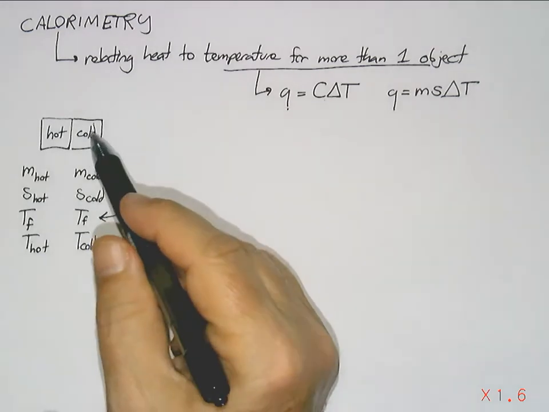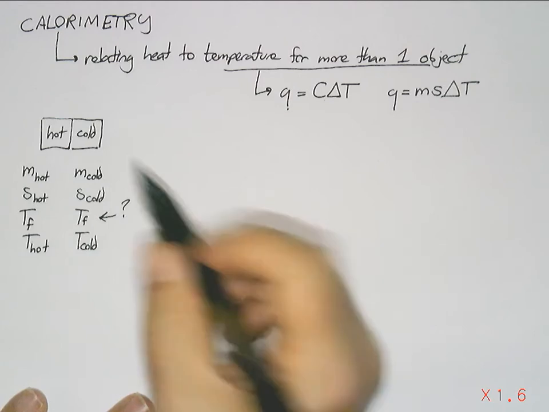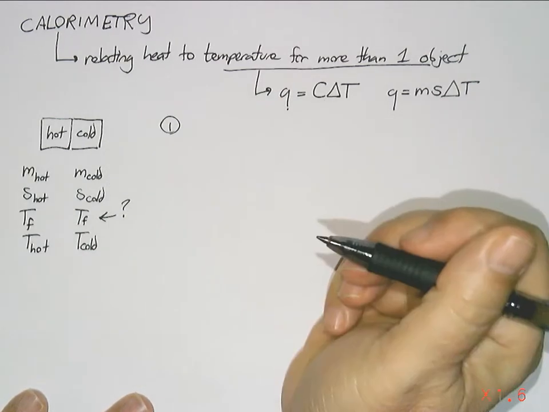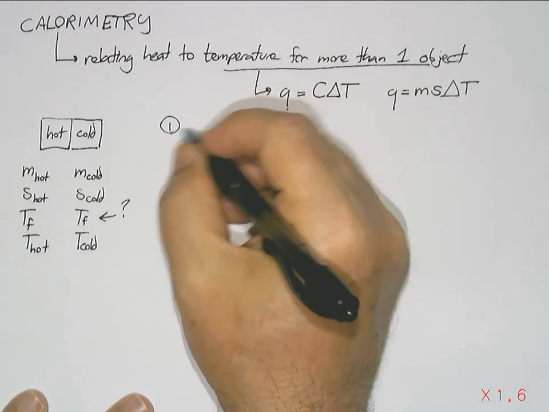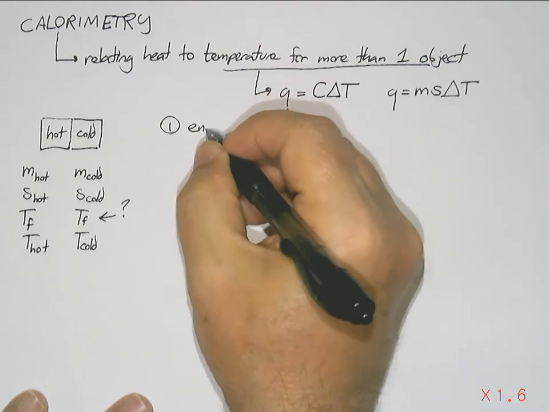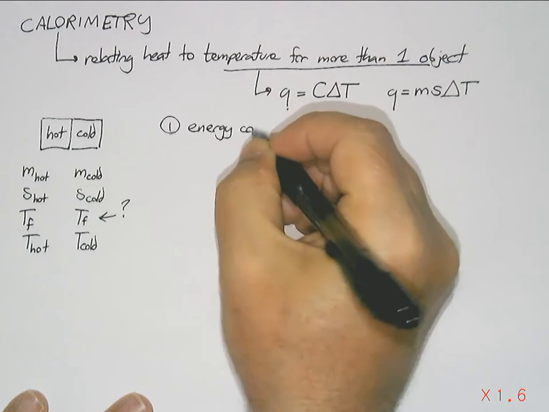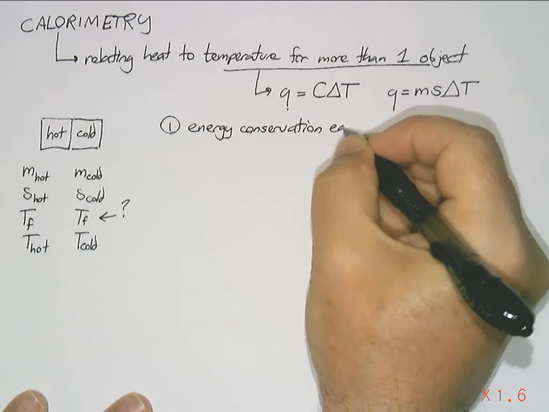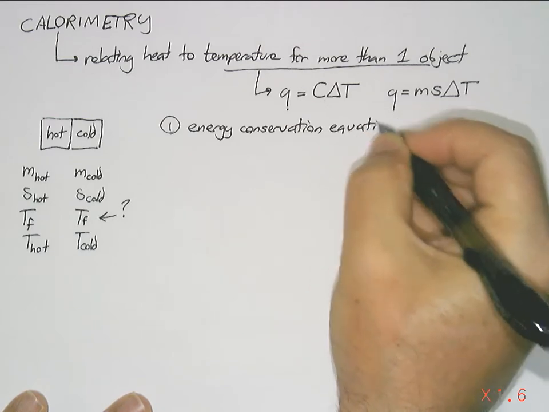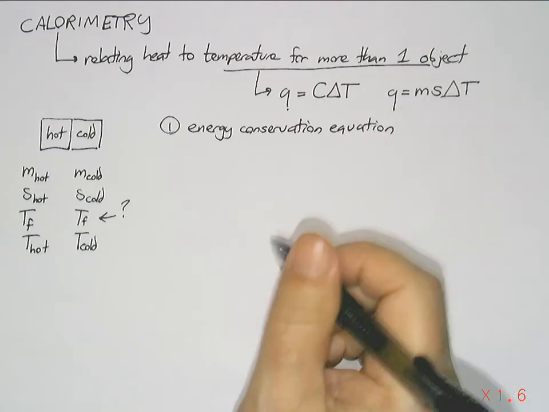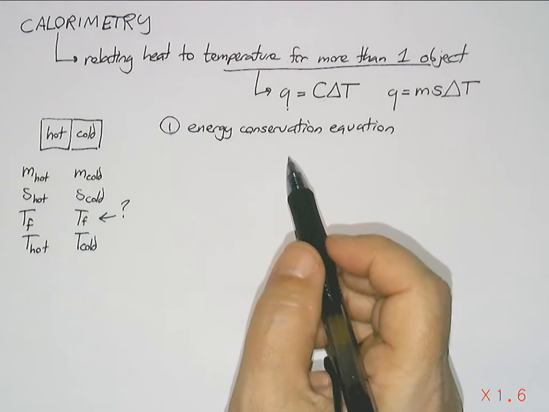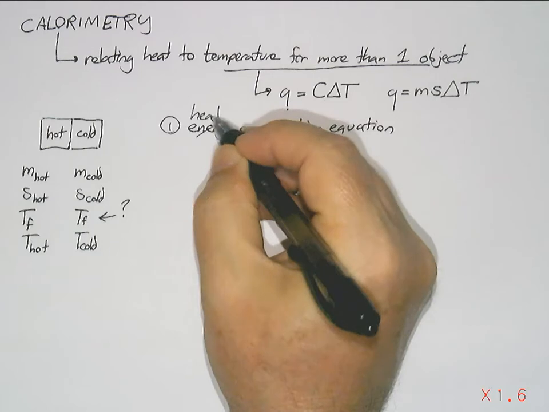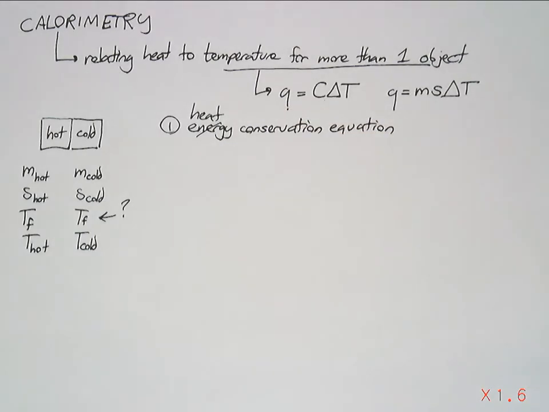Alright, well, I can use the fact that energy is conserved. The first step is to write an energy conservation equation. And if I don't have any work being done, and I usually don't in a chemical system, I could call this a heat conservation equation and get away with it because there's no work involved.